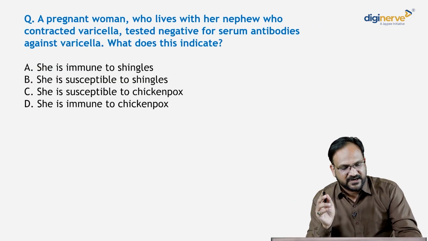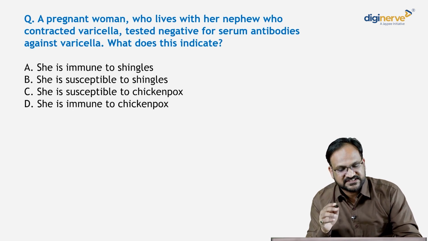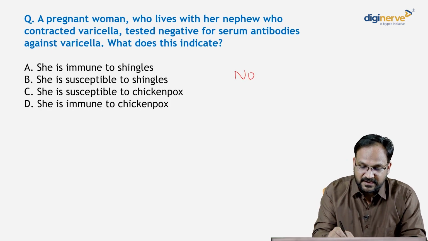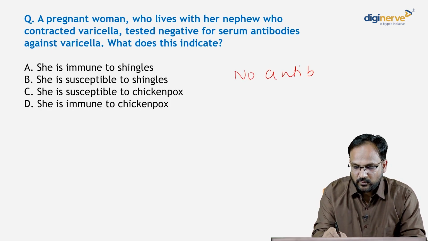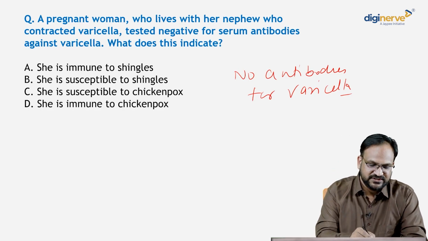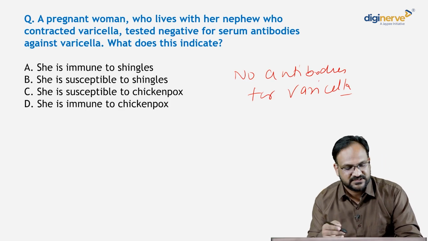Next is, a pregnant woman who lives with her nephew who contracted varicella tested negative for the serum antibodies against varicella. Tested negative means no antibodies for varicella. So what does it indicate? The options are: she is immune to shingles, she is susceptible to shingles, susceptible to chickenpox, and immune to chickenpox.